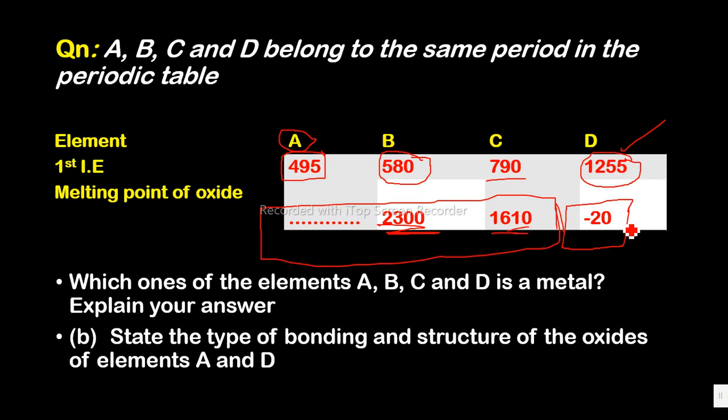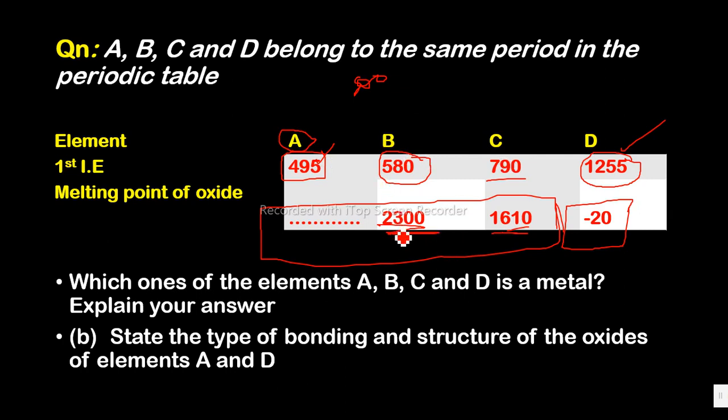But for these two, you see, the energy is very low. It is less than 800. So you need relatively lower energy to remove the outermost electron, and their melting points are high.